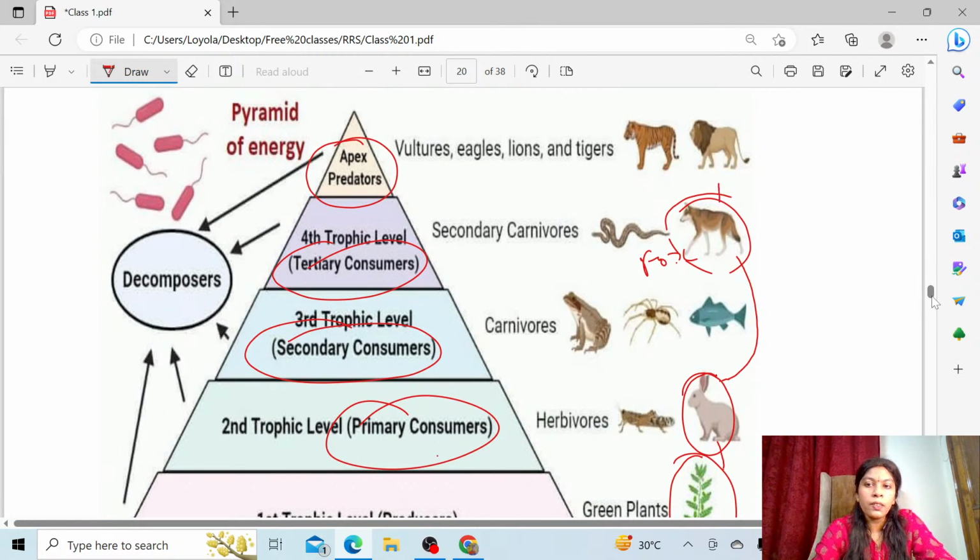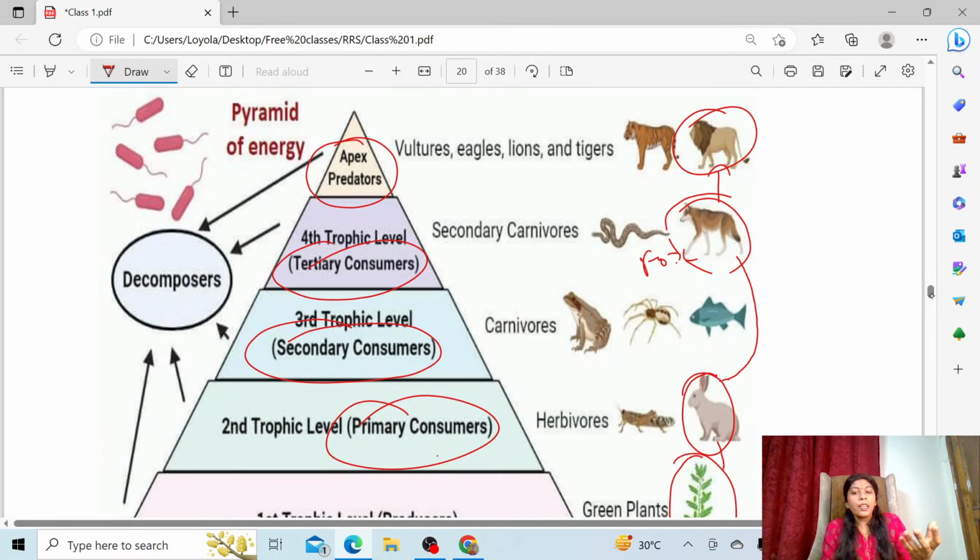If a lion is there, we can say lion. Like this, now there are 4 levels: first producers, then a primary consumer, secondary consumer, tertiary consumer. So it stops here, and here the lion will be the apex predator, that is, the top tertiary consumer.